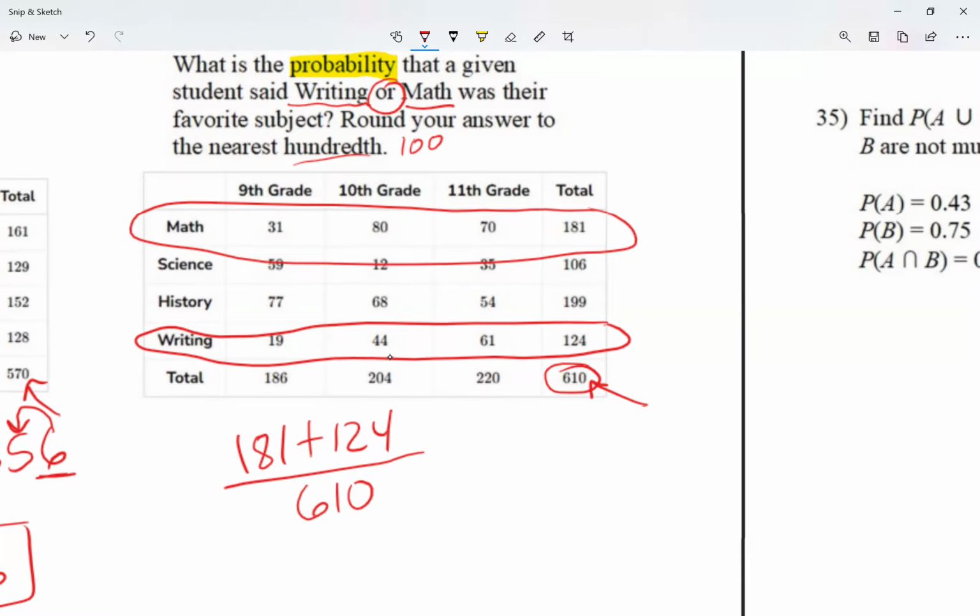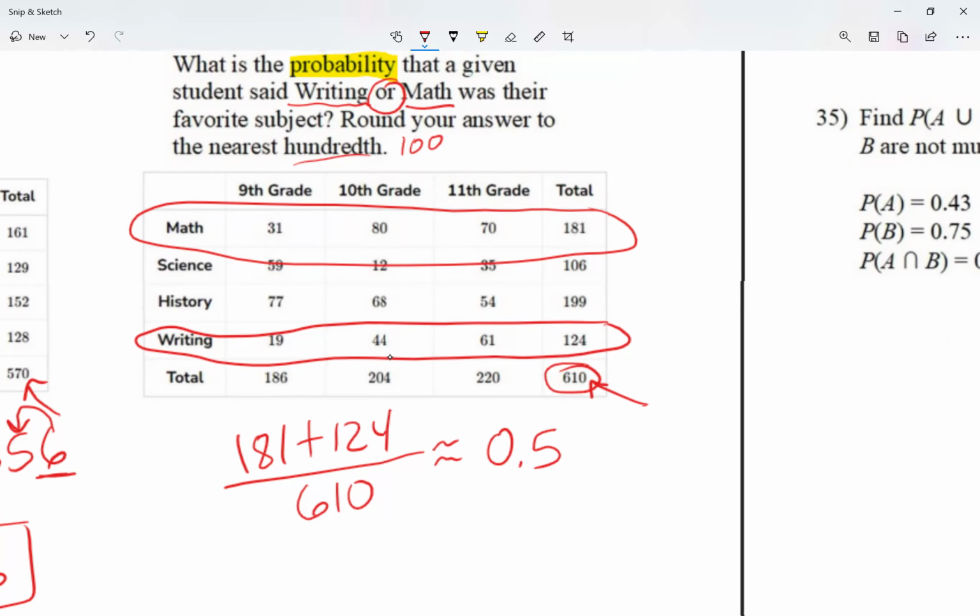I'm just going to type it in. I don't have to solve 181 plus 124 equals 305. I don't have to find out that the top is simplified to 305. I'm going to use the calculator I gave you. I'm going to type it as I see this, 181 plus 124 all over 610, and it says 0.5.